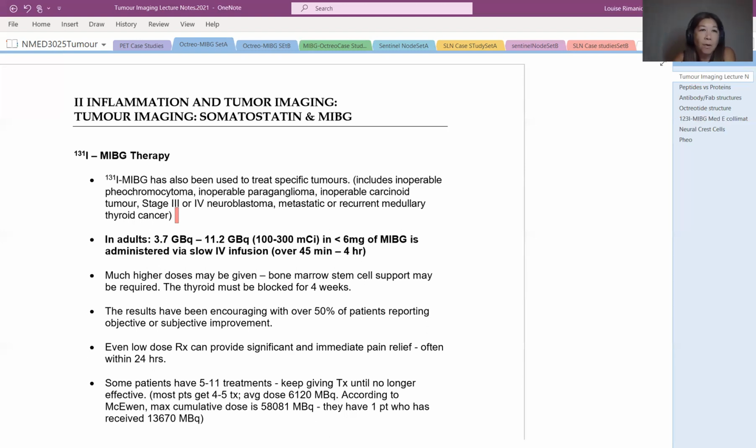And so the thought was, why don't we try radioisotope treatment? And it has been used to treat very specific tumors, including patients with inoperable pheos and paragangliomas, some carcinoid tumors, stage 3 and 4 neuroblastoma, and metastatic or recurrent medullary thyroid cancer.